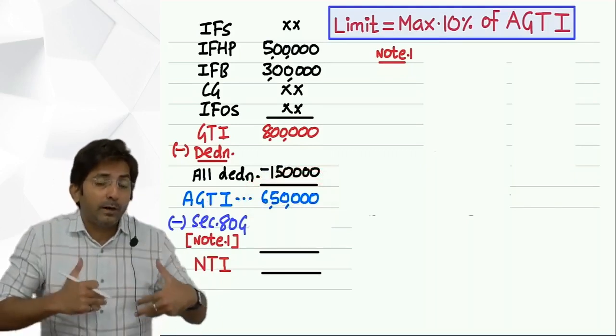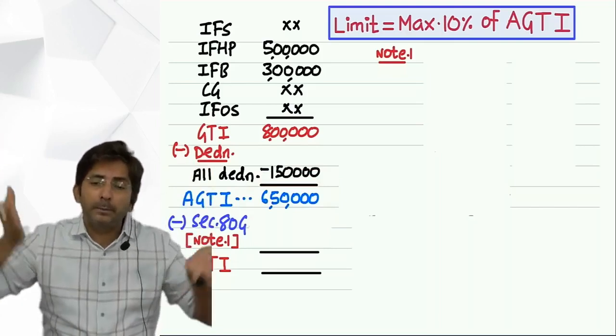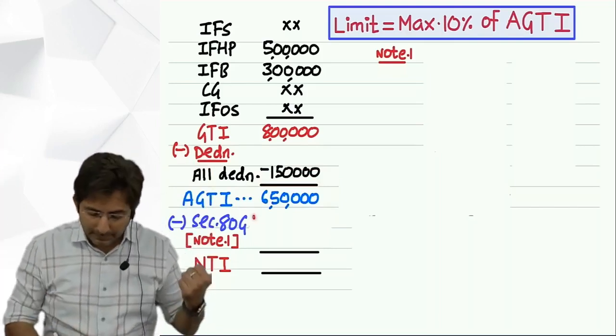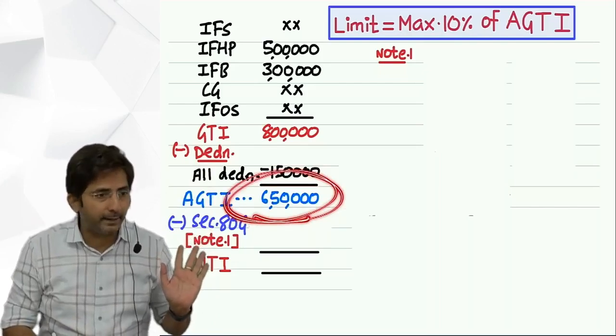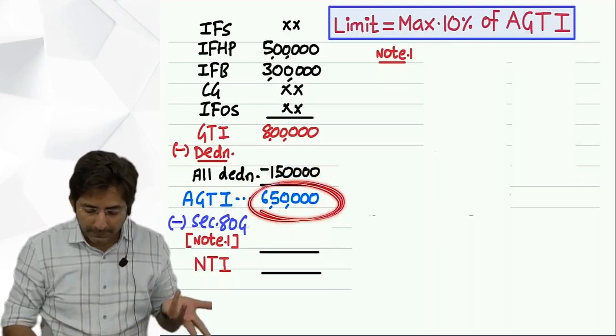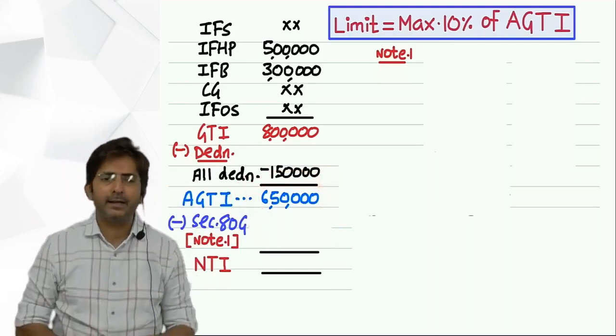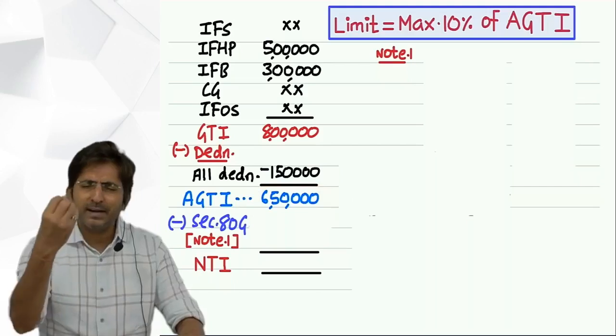And why do we do rough calculation? Because there is no point in giving so much donation when it will not be allowed. A person can get a rough idea: is there a point in giving 2 lakhs donation in this case? 10% comes to what? 65,000. So you get a rough idea in real life. In short, in real life it is never a headache.